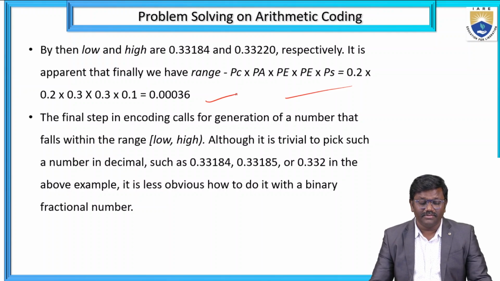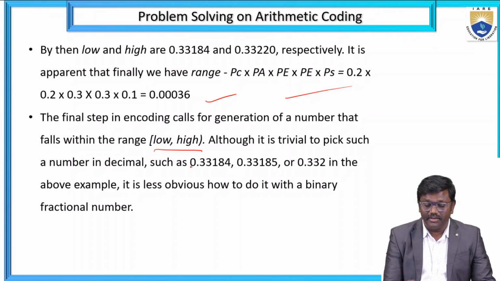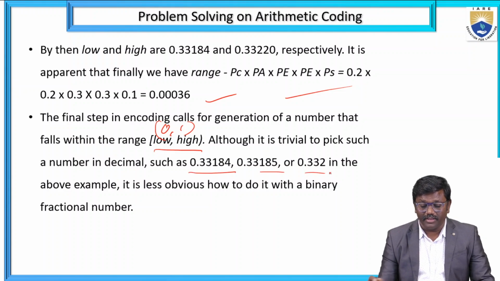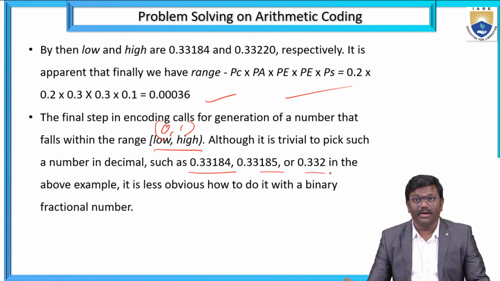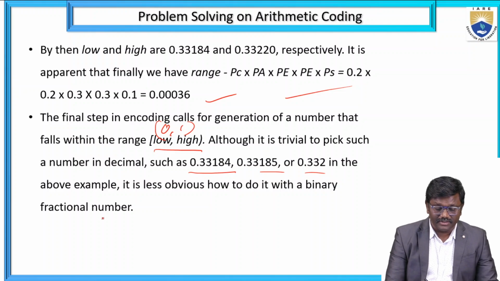The final step in encoding is to generate a number that falls within the range low to high. Although it is trivial to pick such a decimal number according to the ranges, such as 0.33184, 0.33185 or 0.332, in the above example it is less obvious how to do it with a binary fractional number.